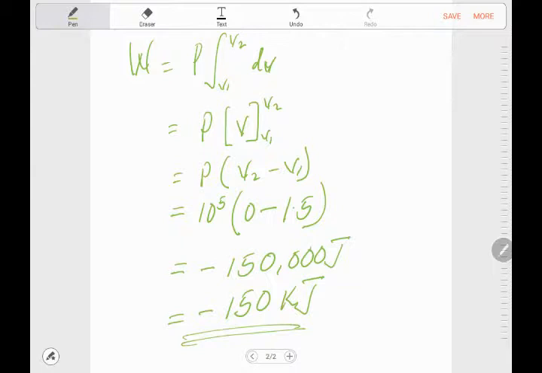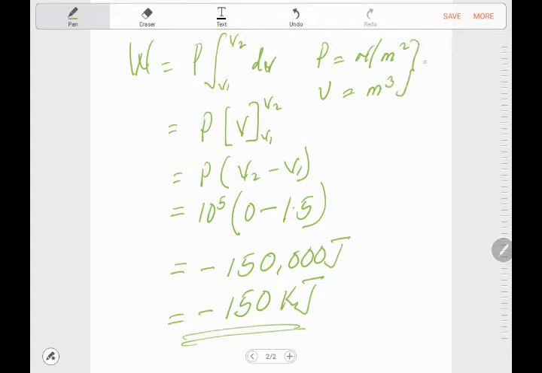Please take notes. You need to be consistent in your unit. For us to get joule as the unit of this calculation, our pressure must be in Newton per meter square, and our volume must be in meter cube.